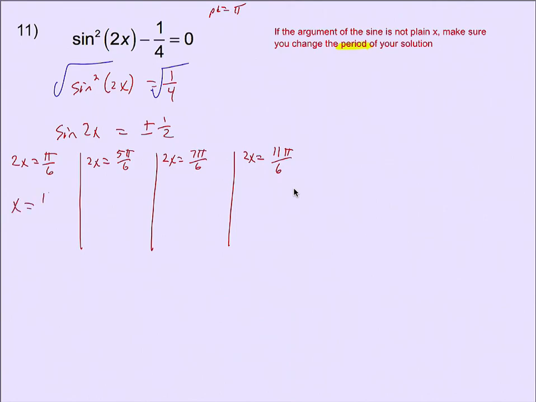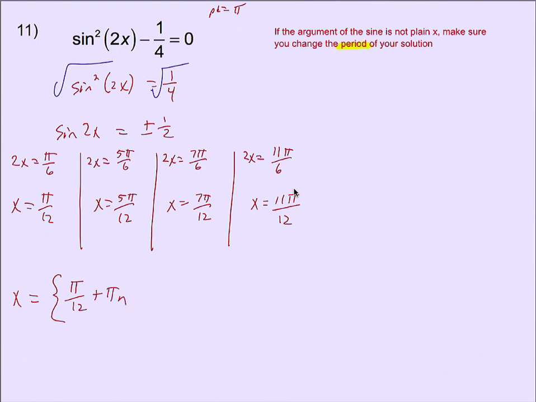So x could be pi over 12, or 5 pi over 12, or 7 pi over 12, or 11 pi over 12. And since we are writing all of the solutions, we just have to make sure we list all of those repeating infinitely every pi radians. And that's where you have to be careful, because the period changed.